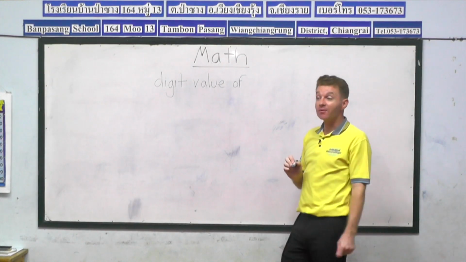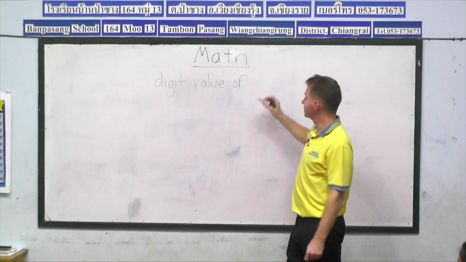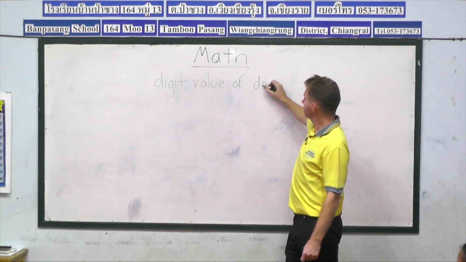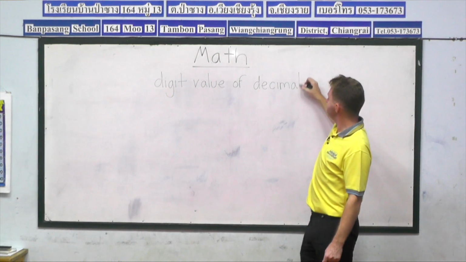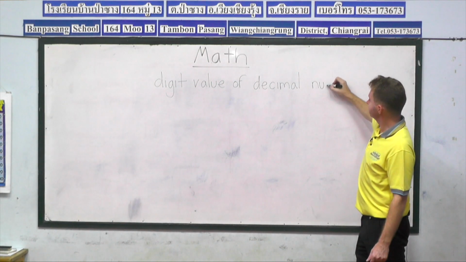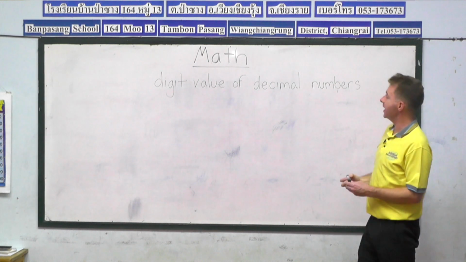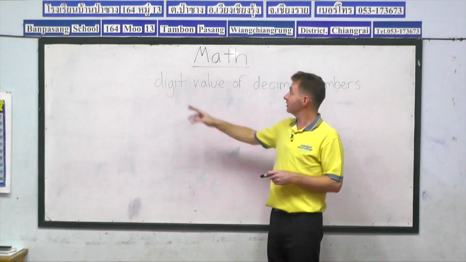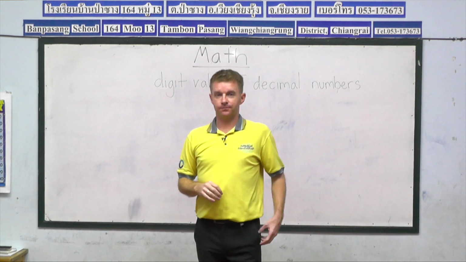Digit value of decimal numbers, D-E-C-I-M-A-L. Numbers, N-U-M-B-E-R-S. So altogether, digit value of decimal numbers.